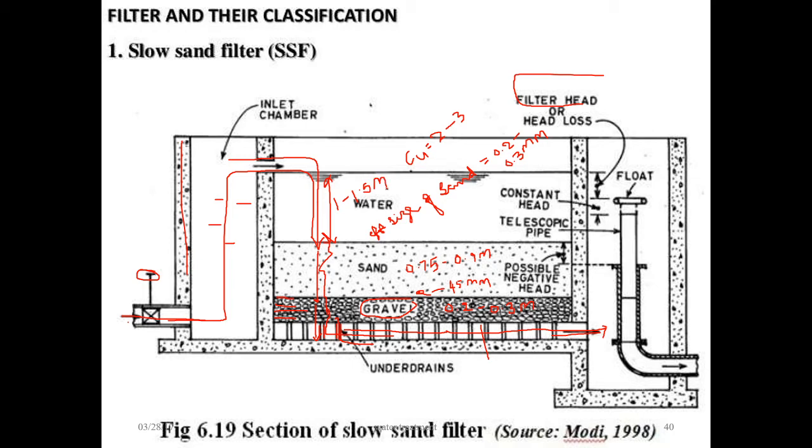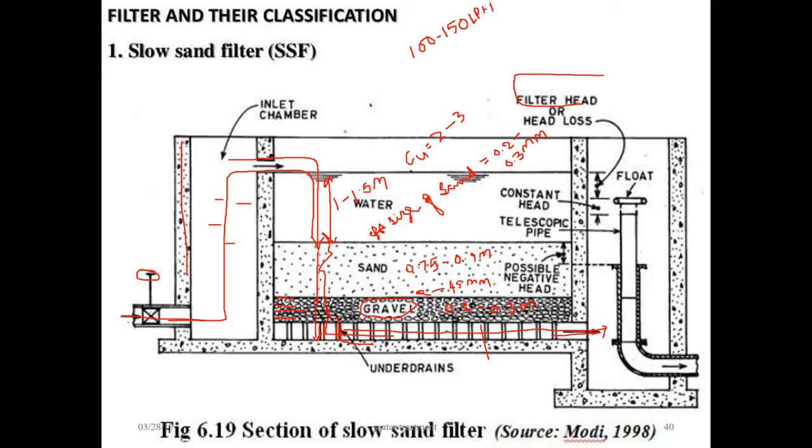Next one, the water percolates through the layers at a rate of about 100 to 150 liters per hour per square meter. How much? 100 to 150 liters per hour in slow sand filter.